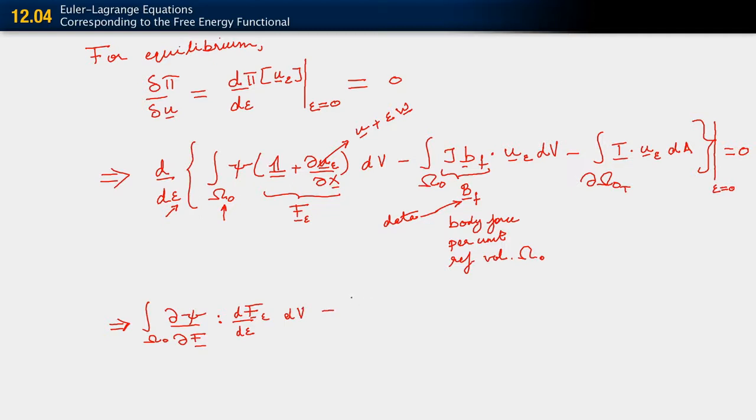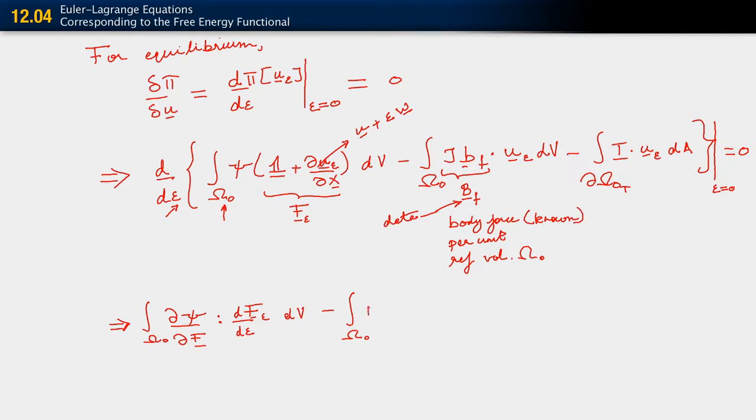And likewise, we go on to the next integral. We get the integral over omega naught. Because we agreed that the data of the problem is capital BF, the body force per unit reference volume, this is a known quantity, one of the forcing functions in the problem.